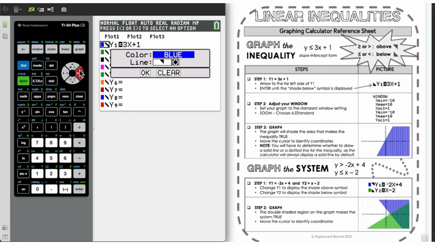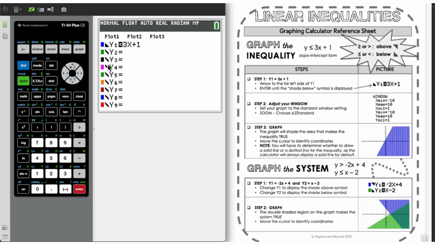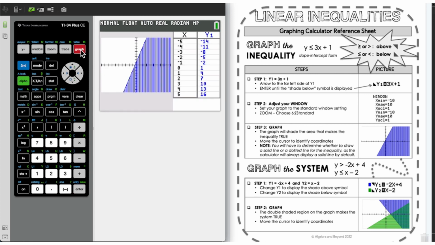So we'll arrow over, and now we have that. So we can go ahead and graph. Our window seems accurate. And this really helps them see if they shaded their graph properly.